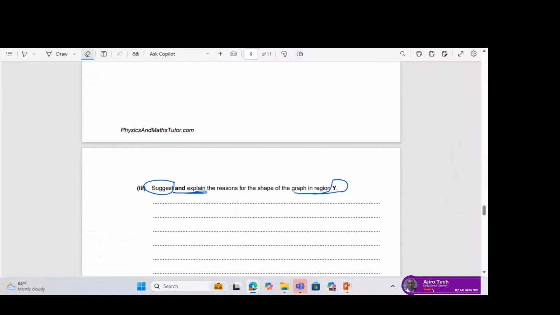Look at what they say. They say suggest and explain the reason for the shape of the graph in region Y.